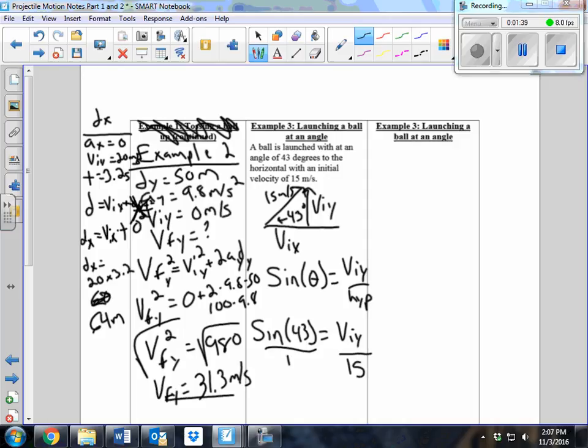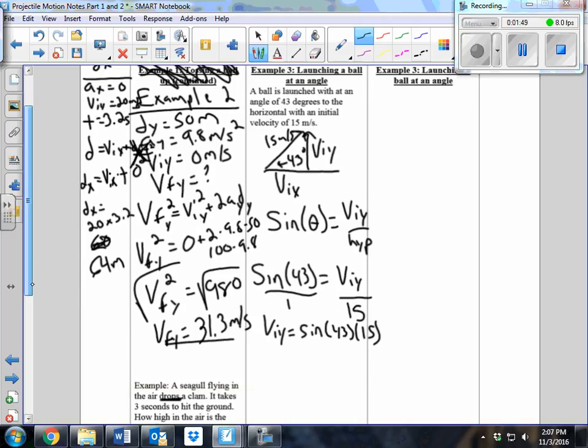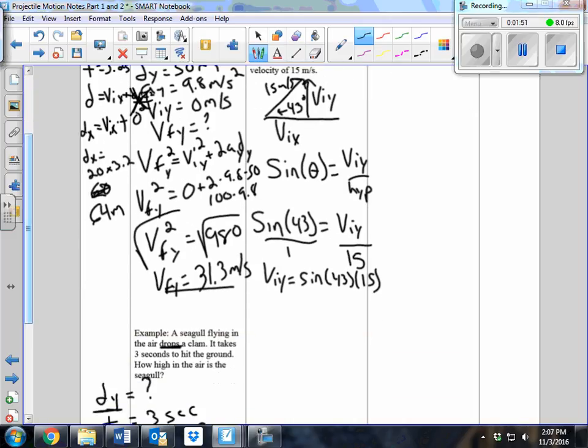I cross multiply. So VIY equals sine of 43 times 15. And that gives me an initial velocity in the y of 10.2 meters per second.